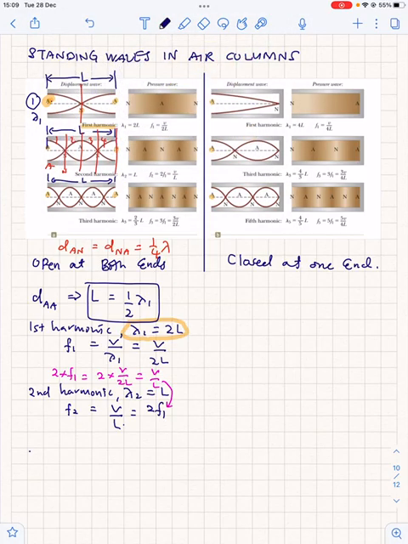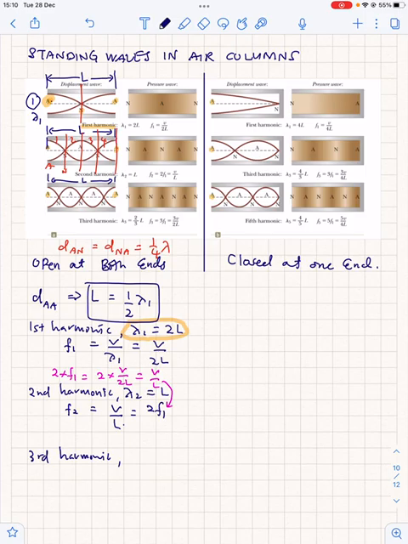So for the third harmonic, we have to apply the same thing. If we are not sure about the L and the lambda, we can refer back to what we had previously.